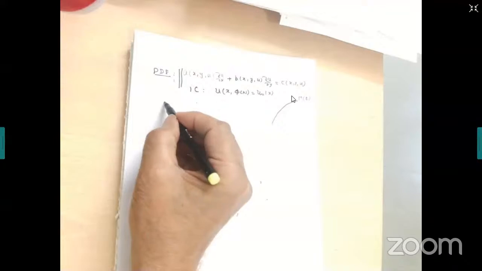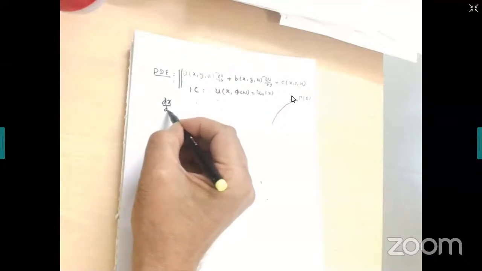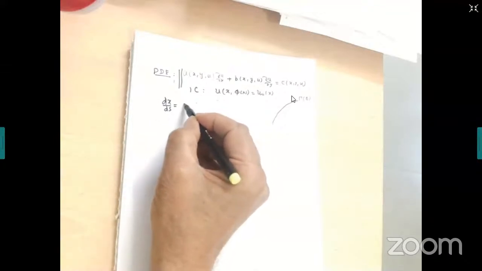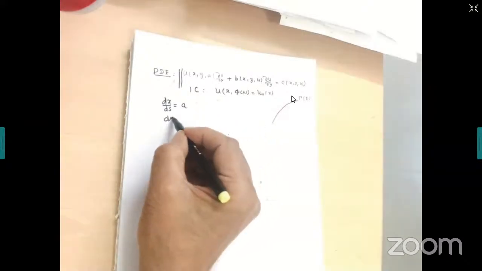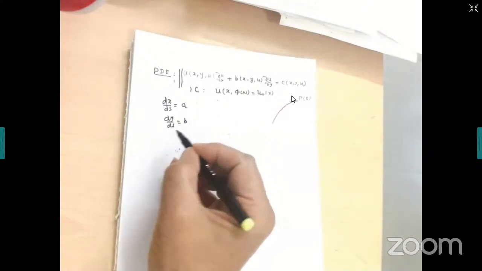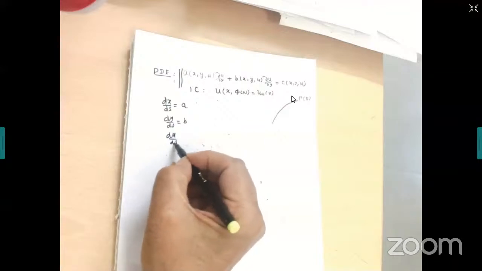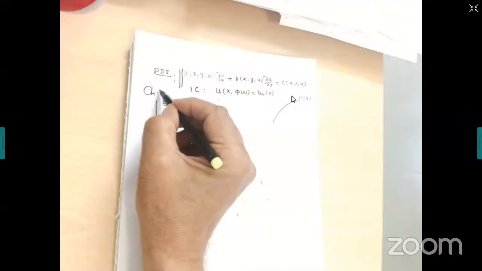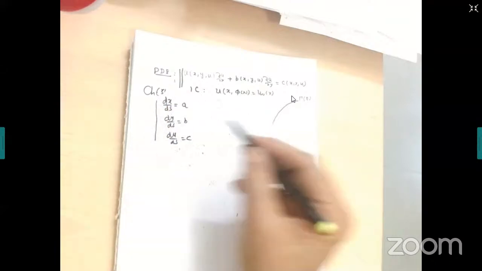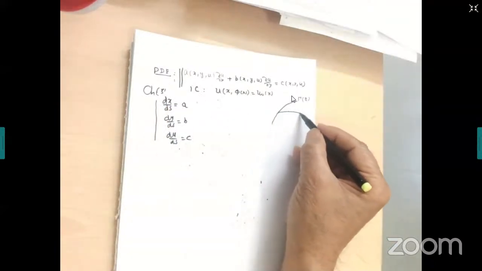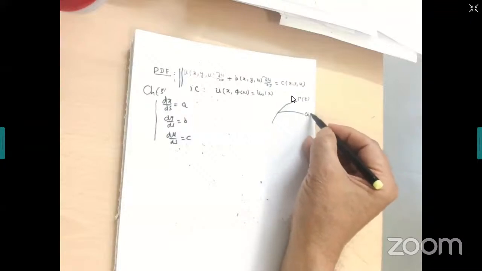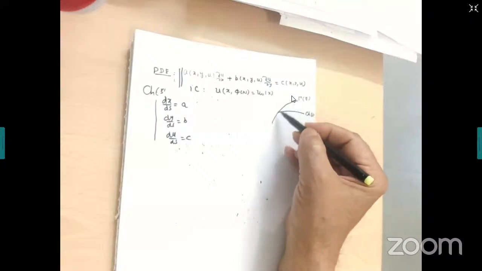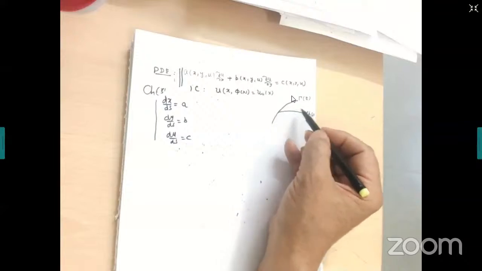I can write the characteristic equations: dx/ds is A, dy/ds is B, and du/ds is C. These are the characteristic equations, where s is the variable. From each point of Γ, a characteristic emanates.